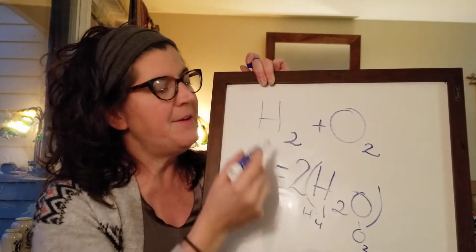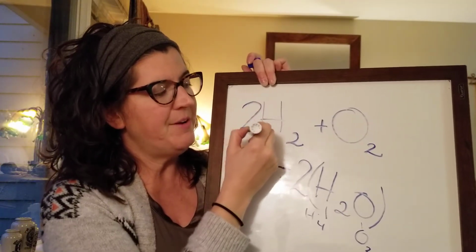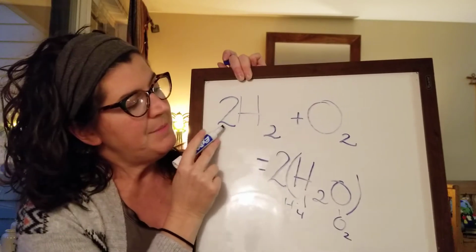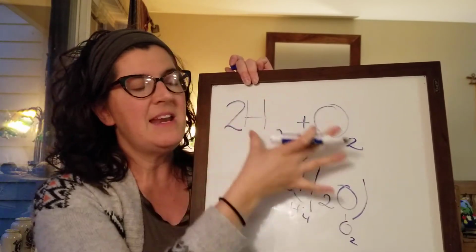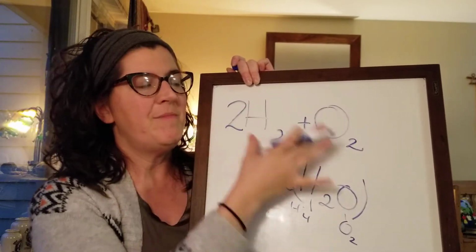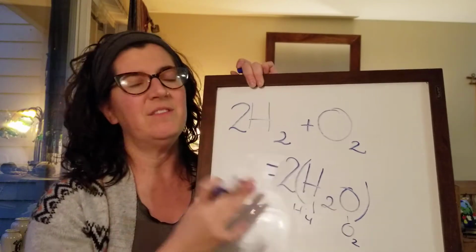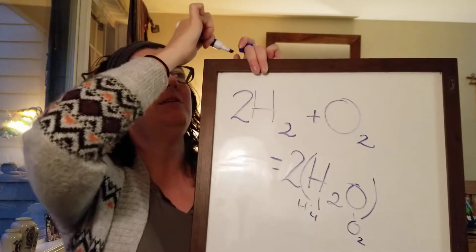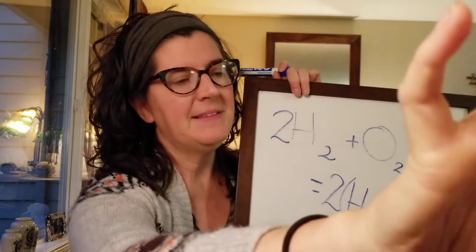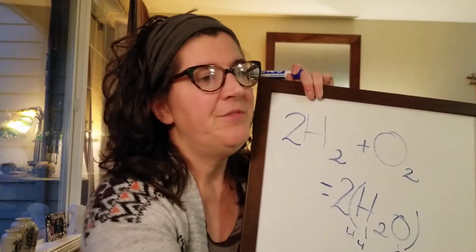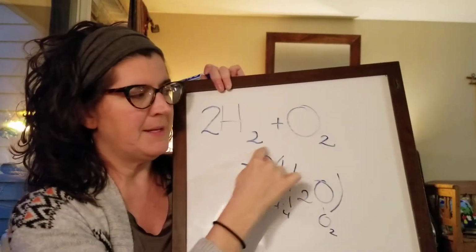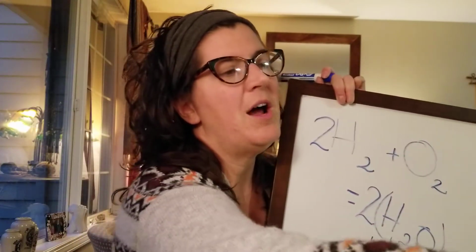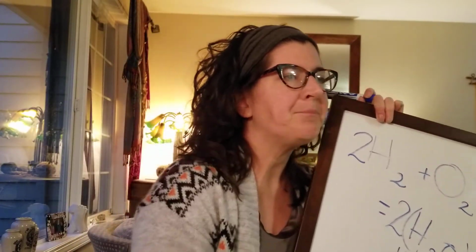Well, we need to put another 2 coefficient up here in front of this guy in order to make this balance. So now we've taken an imbalanced equation and we've balanced it using coefficients. This sounds so amazing, and yet it was really easy, right? We got this. So just don't forget, never change the subscript. Those are not changeable, okay?